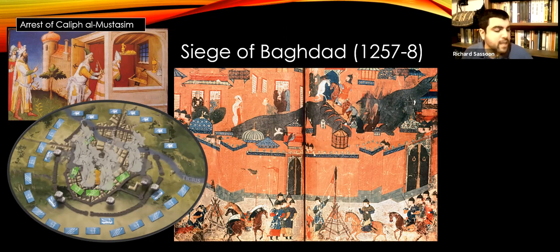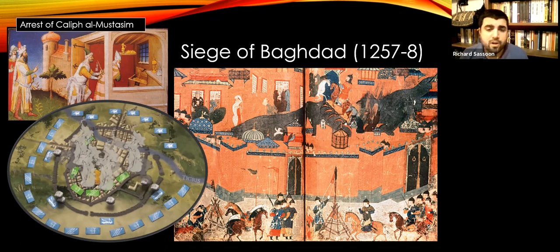And Islam had existed with a caliph by this point for over 500 years. And to not have a caliph was incredibly disorienting. We talked about 2 weeks ago how the Hafsids in Tunisia declared themselves a caliphate. The Mamluks tried to steal one of the last Abbasid princes, who was very distantly related to the caliph, to create their own caliphate in Egypt, which was somewhat recognized, somewhat not.